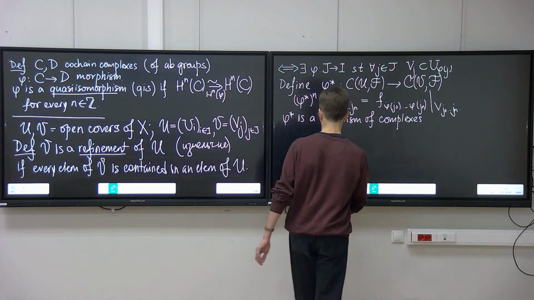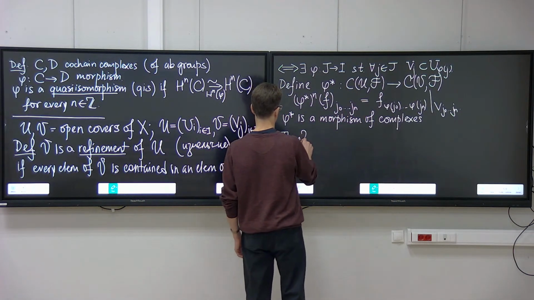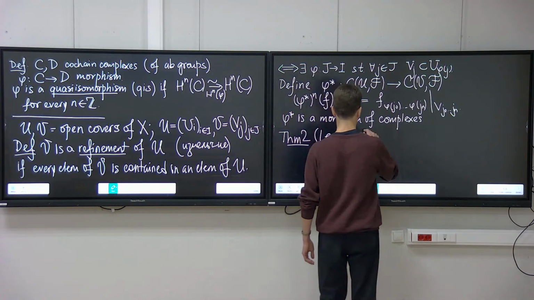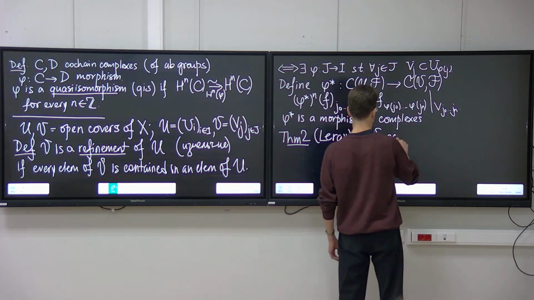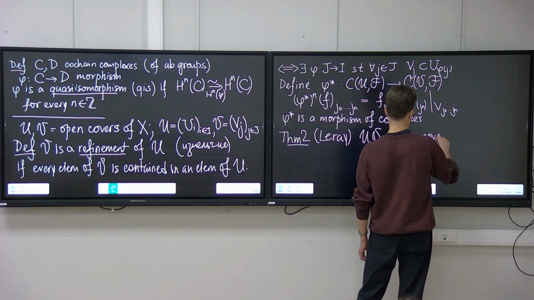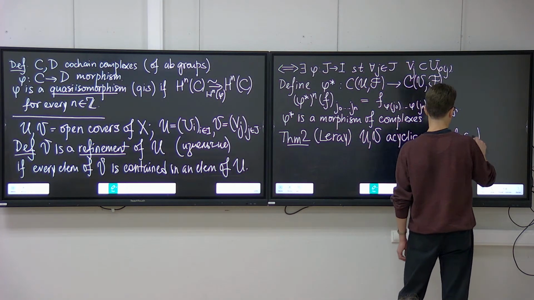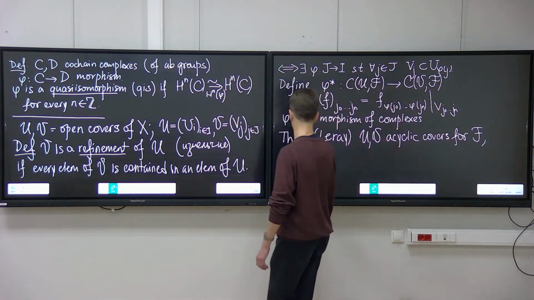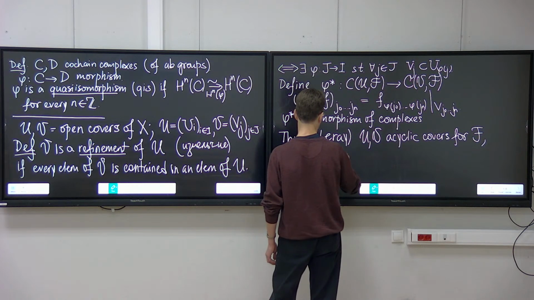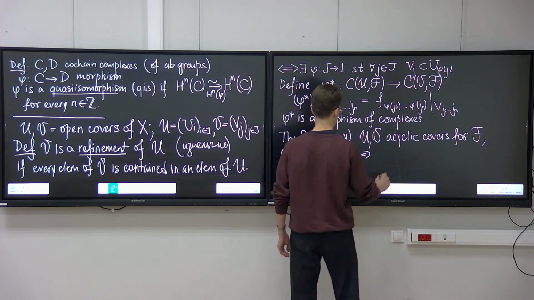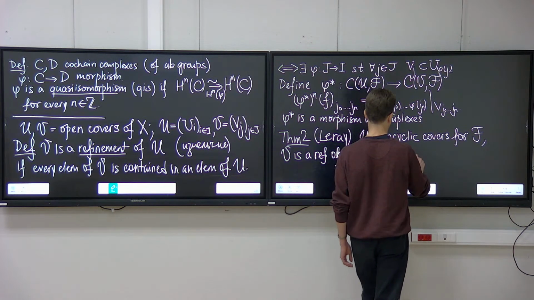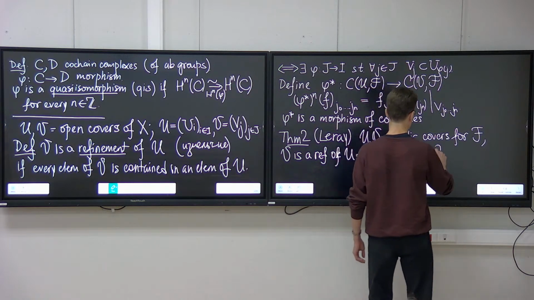Okay, now Theorem 2, also due to Leray, says that if U and V are acyclic covers for F, and V is a refinement of U, then the respective refinement map, phi star, is a quasi-isomorphism.